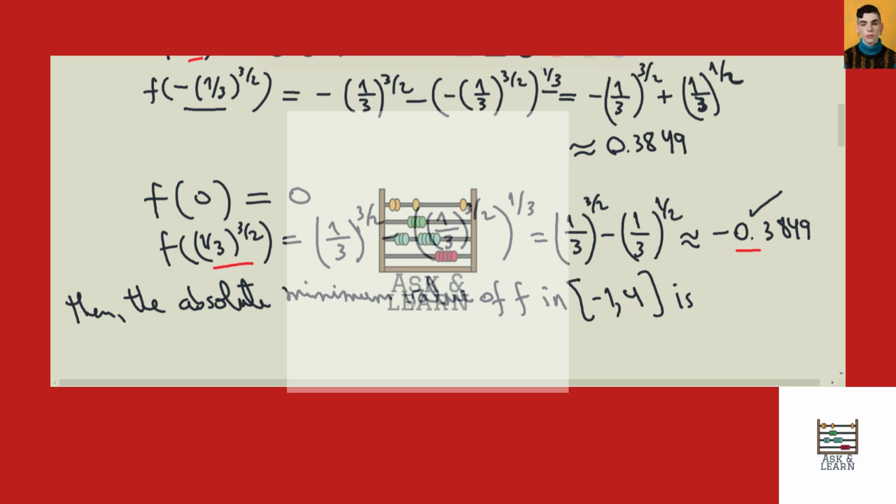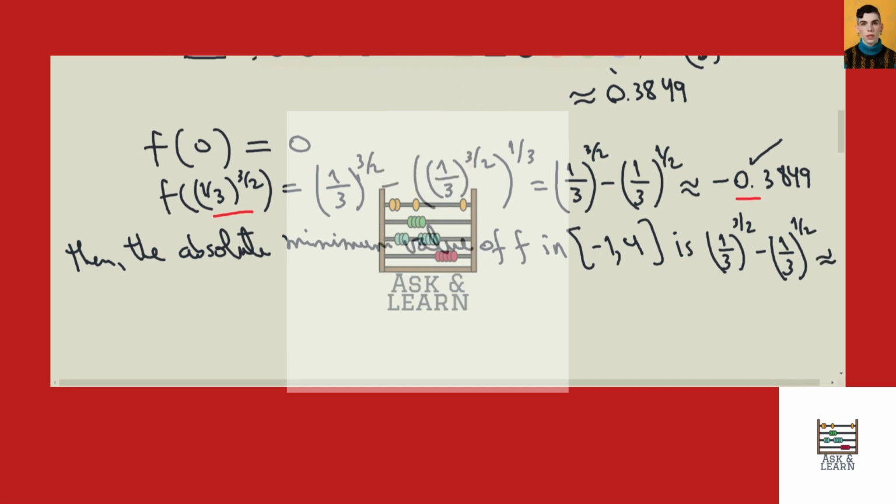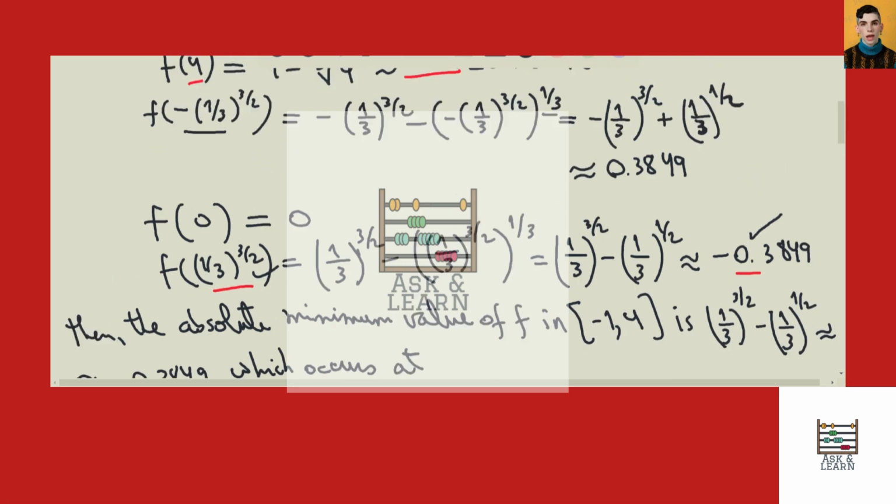So the minimum value of the function is 1/3 to the 3 halves minus 1/3 to the 1 half, which is about negative 0.3849. Now it is correct, which occurs at 1/3 to the 3 halves, which is in fact one of the critical numbers.